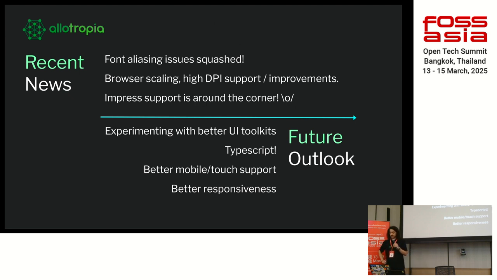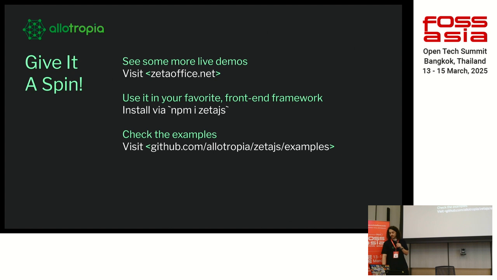And in the future, what we are looking into is TypeScript, having a better UI toolkit or a different UI toolkit, so that everything integrates well with LibreOffice. Of course, better interaction and better responsiveness is important. We need some mobile touch support at some point. That's on the agenda as well.